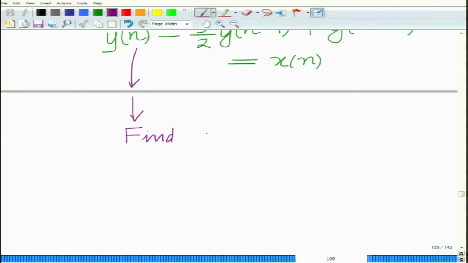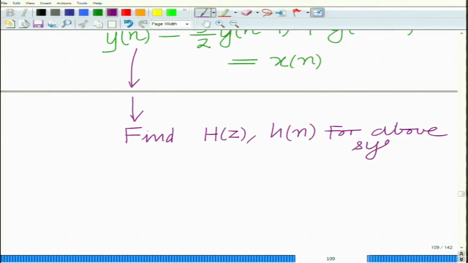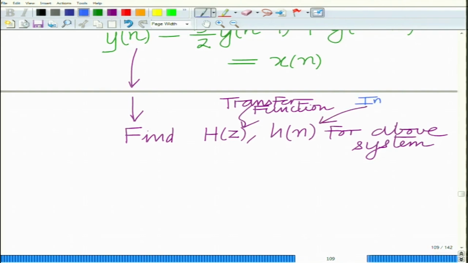So, first we want to find the transfer function H(z) and the impulse response for the above system. Remember, H(z) is the transfer function, and h[n] is the impulse response.